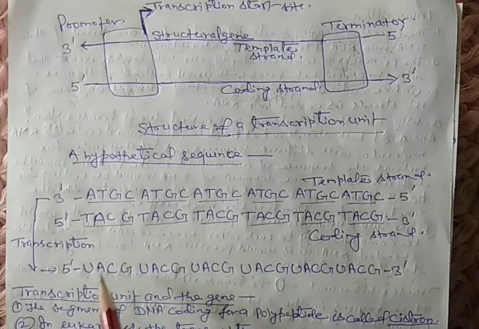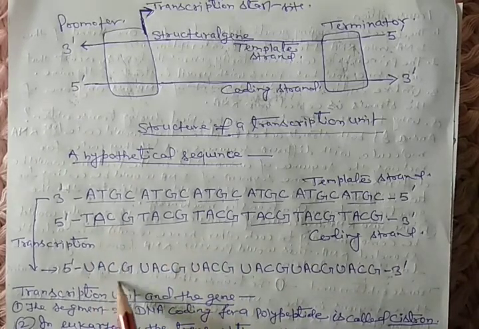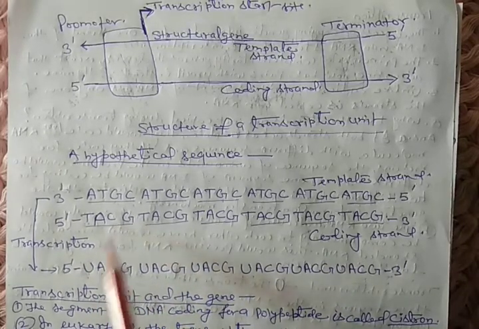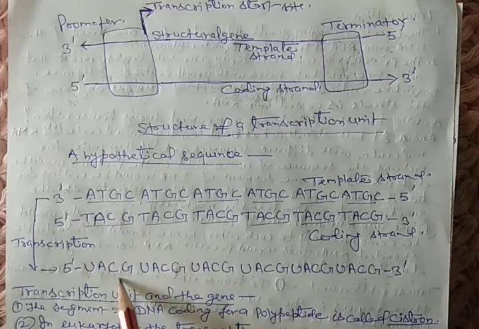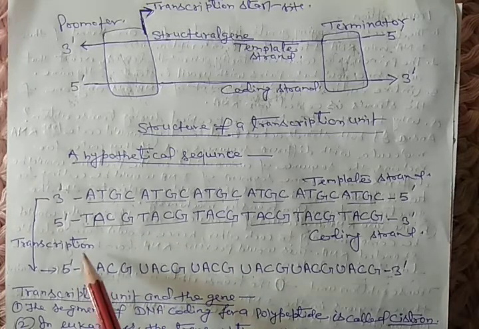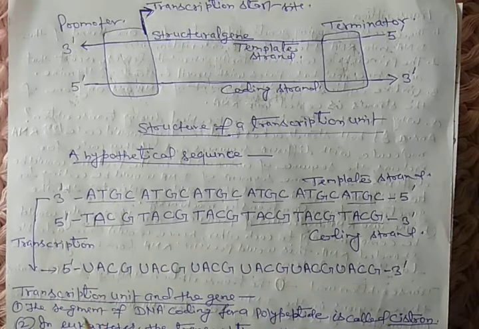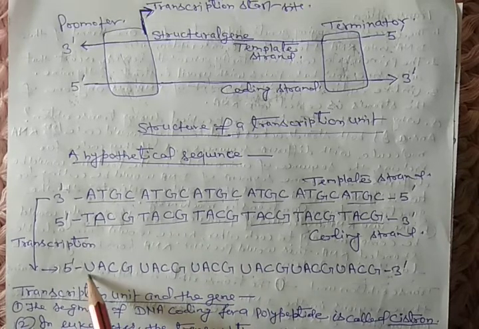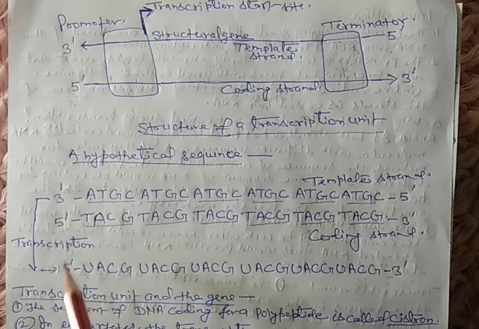Means ACG, these three bases are common in both the coding strand and the newly formed RNA. The only difference is that in the DNA there is thymine, and in its place in the RNA there is uracil.